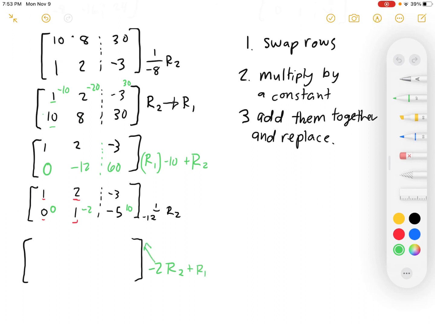So that will become 1 plus 0 is 1. 2 plus negative 2 is 0. 10 plus negative 3 is going to be 7. We have 0, 1, negative 5. Hey, and there's our answer. Our answer is negative 5, 7.